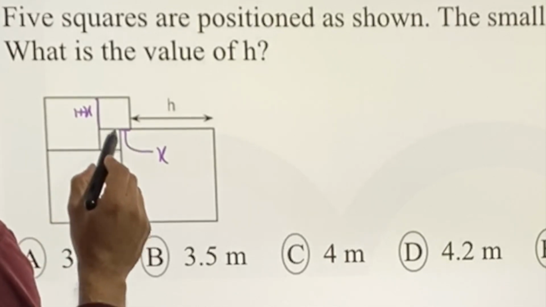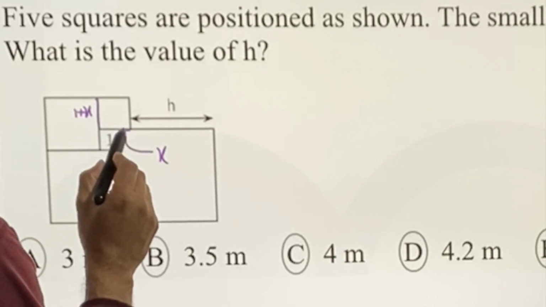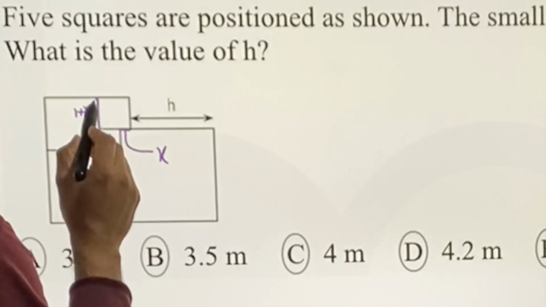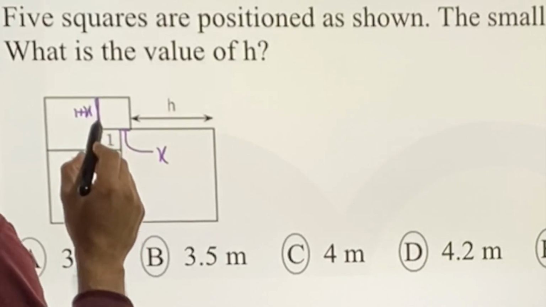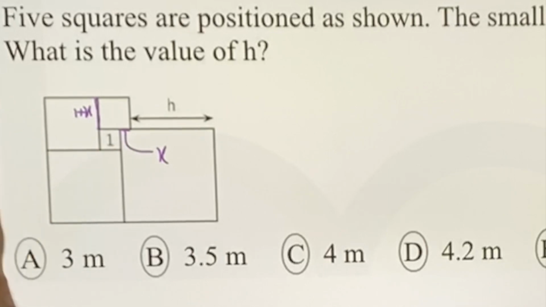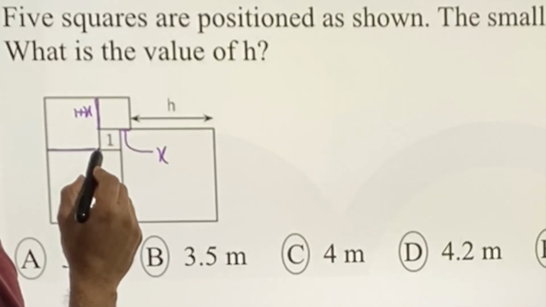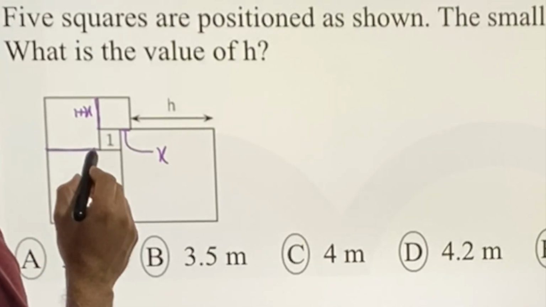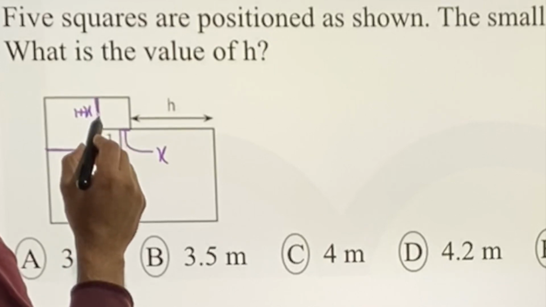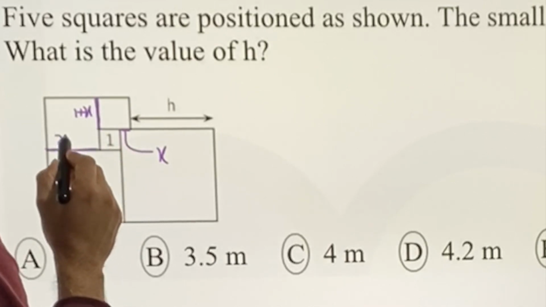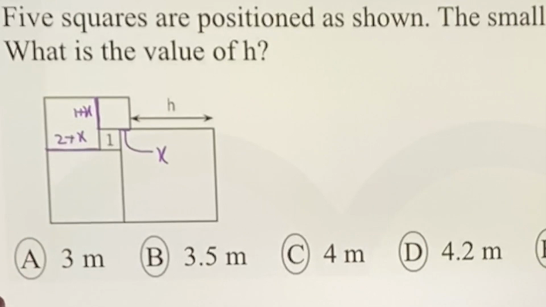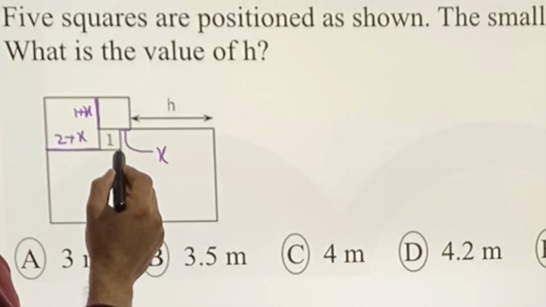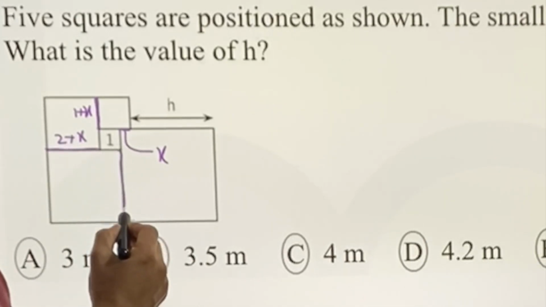Because the small square has side 1 plus this x, so there is 1 plus x, and since this is a square, this side is the same as this side. All right, then what is the length of this side? So this is a square too, so 1 plus x plus 1, that is 2 plus x. Similarly, what will be this length?